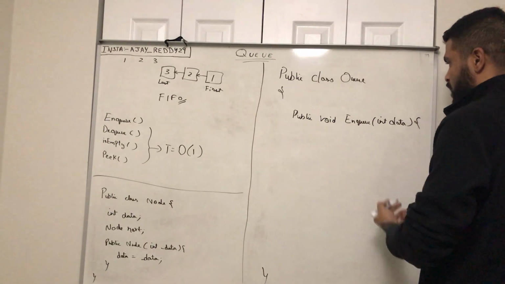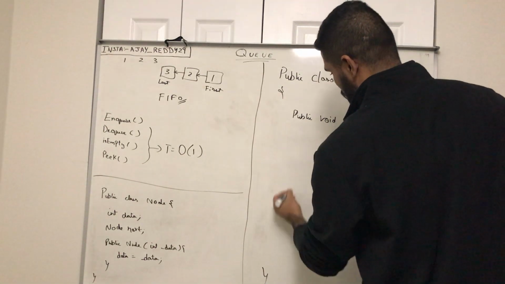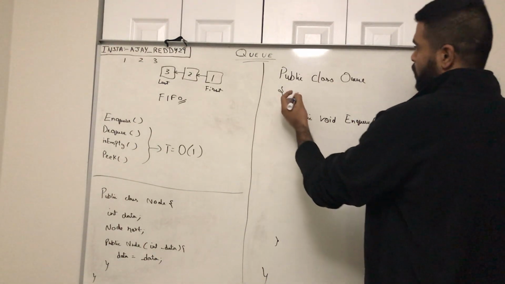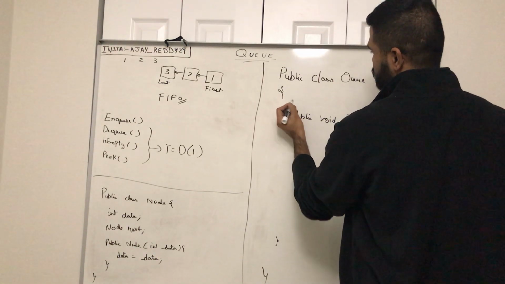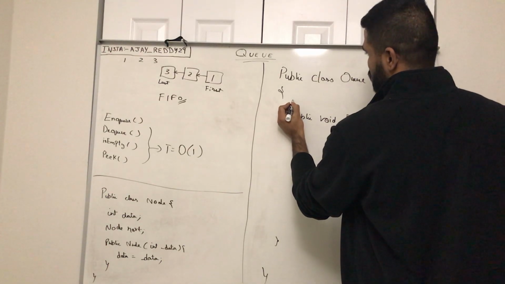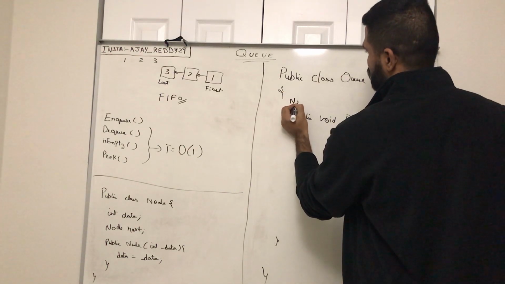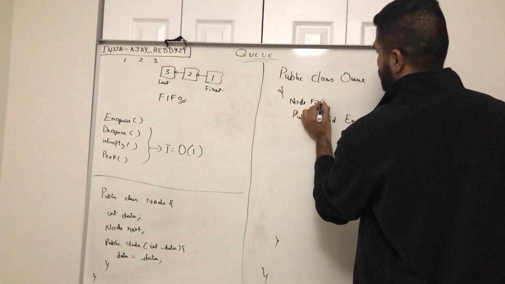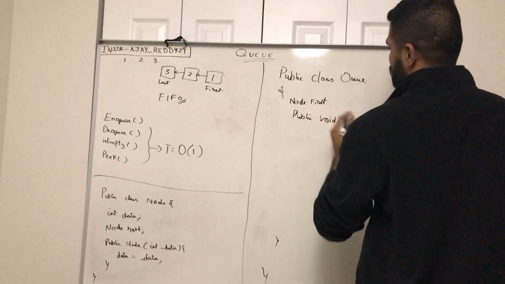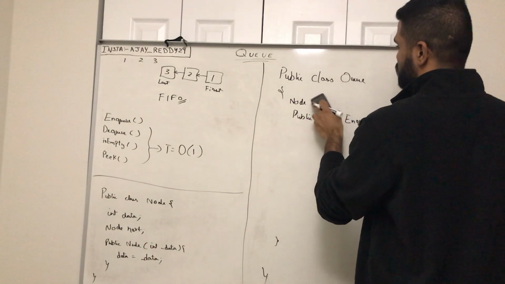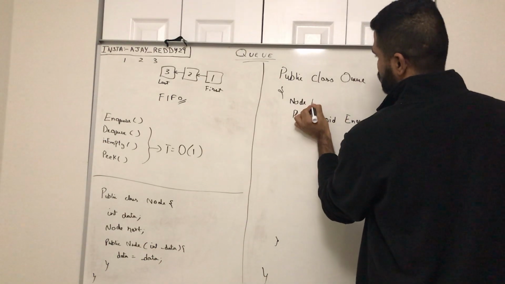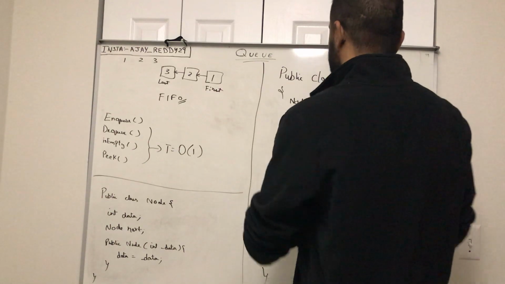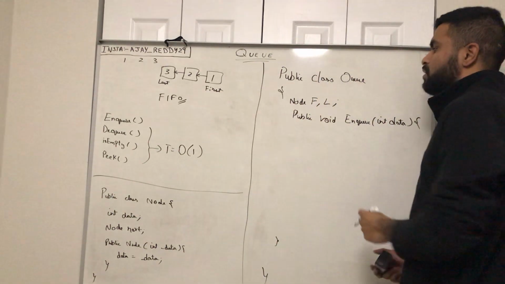I'll also have 2 pointers: Node first and Node last. I'll name first as F and last as L. F is first and L is last.